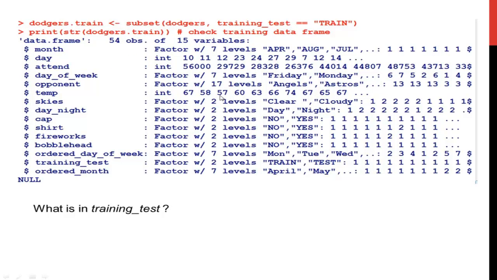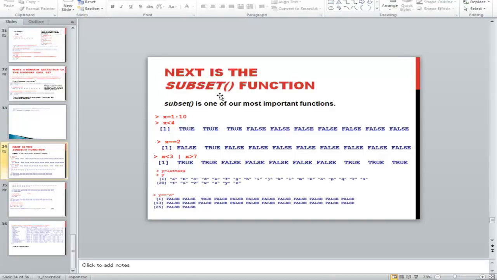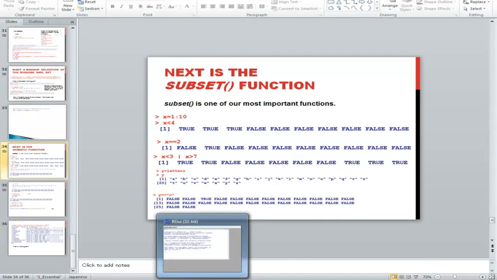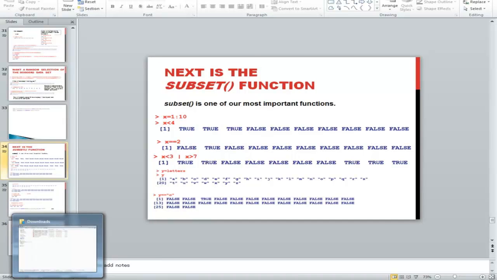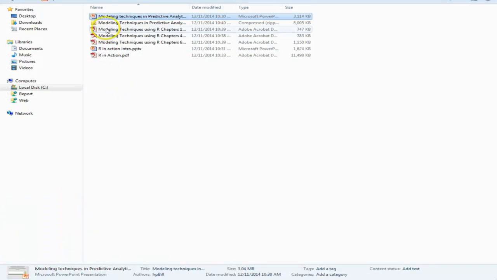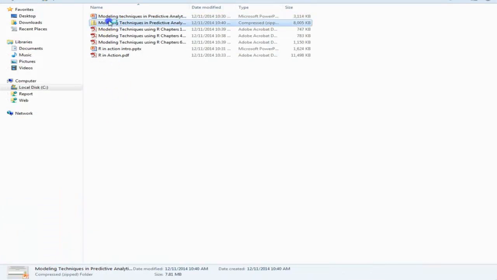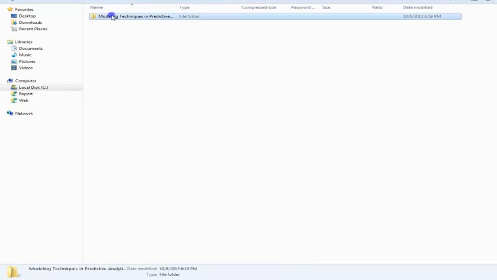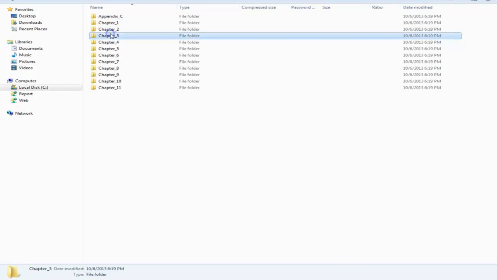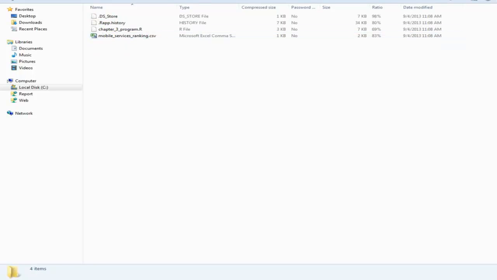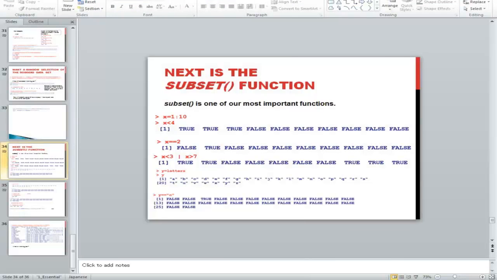Okay, so what about training test? All right, so now let's go and look at the code that we have and see what he does. So open up your code. This is, I think, chapter 3, right? And take a look at the code.